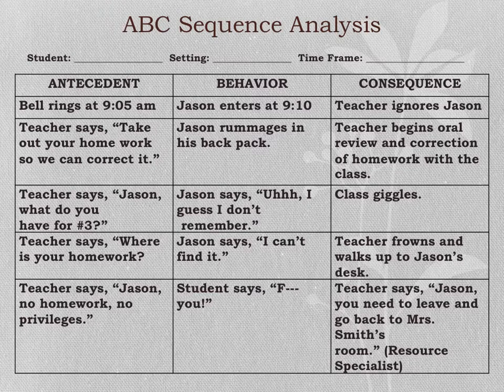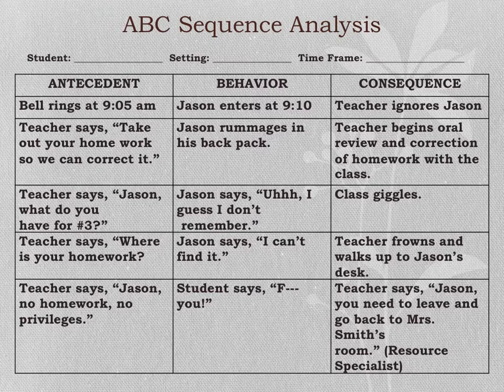And finally, he knew that the teacher would probably send him off to Mrs. Smith's room. Now, what we really need to figure out is, we can't really stop here. We need to figure out what is happening in Mrs. Smith's room. Is that something that's reinforcing Jason's behavior? Is it because he just wants to escape the task, or is it because he wants to get attention there? Maybe he is required to complete the homework in Mrs. Smith's class.